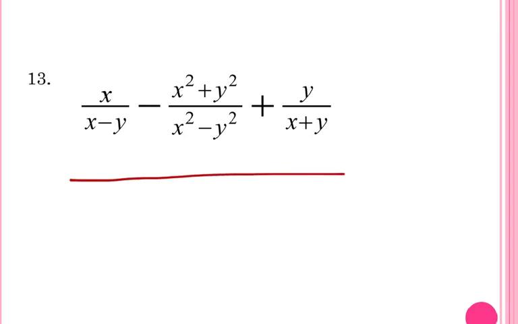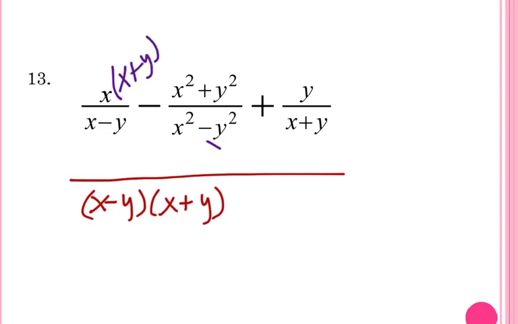Okay, my common denominator is going to be x minus y times x plus y. This first fraction already has the x minus y, so I just need the x plus y. This fraction has everything. X minus y times x plus y is x squared minus y squared, so I won't need to change anything about the numerator there.